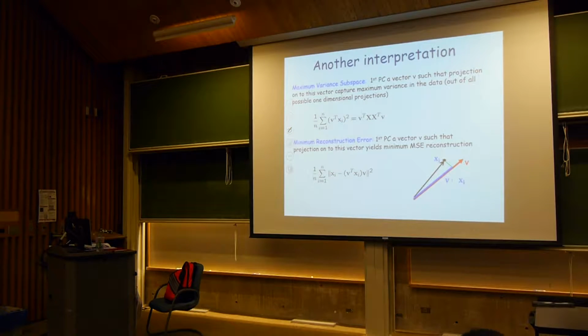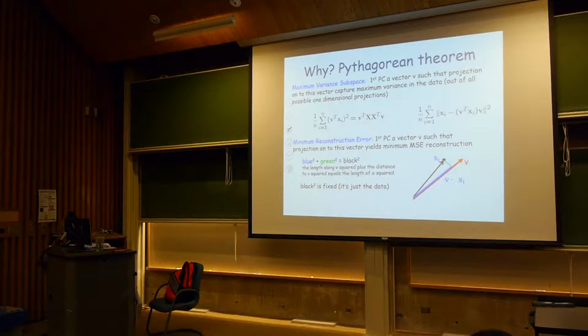With this picture in mind, it's even simpler to see, and I'll try to convince you by picture, that these two things are identical. By using the Pythagorean theorem, I can argue that maximizing the variance in this direction, so let's fix v, one dimension, I'm talking only about the first principal component, is equivalent to maximizing the average squared length of this blue component.